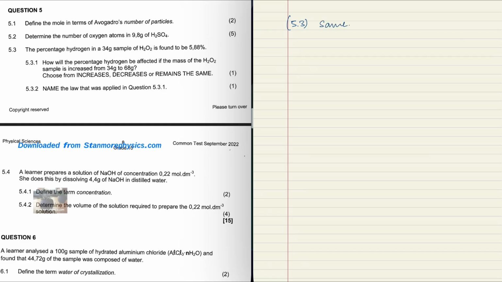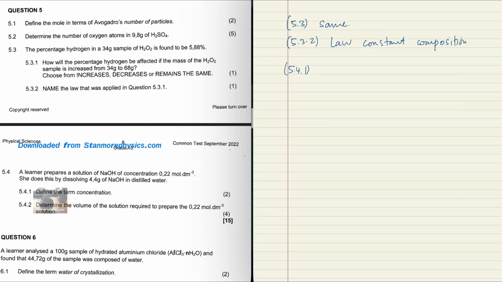And that's because of the law of constant composition. The composition is not going to change. The percentage, rather, is not going to change. So if we had 5.88% of hydrogen, no matter what mass of it we have, it's still going to be 5.88.